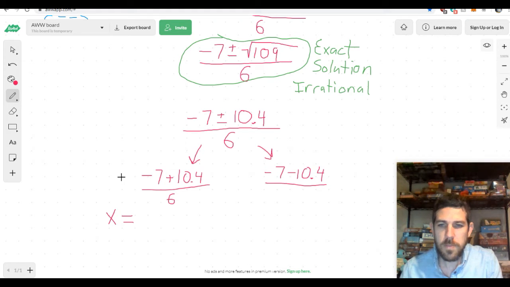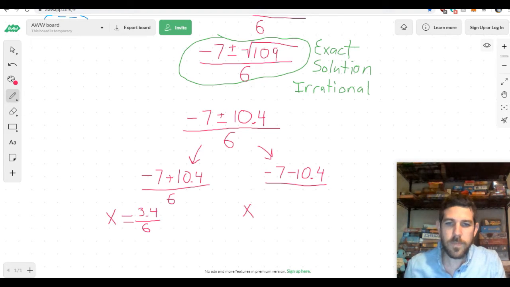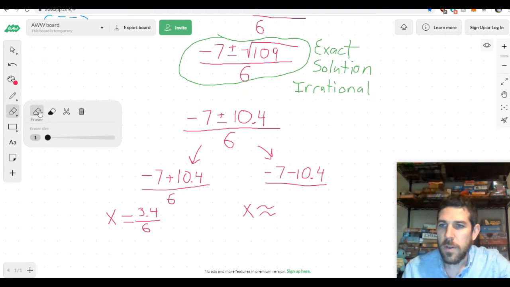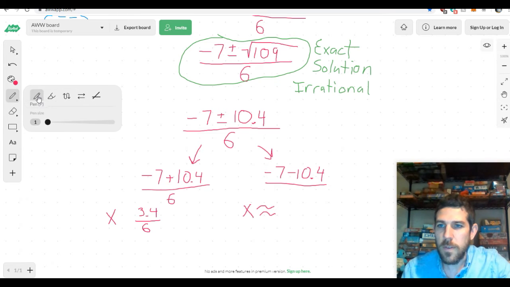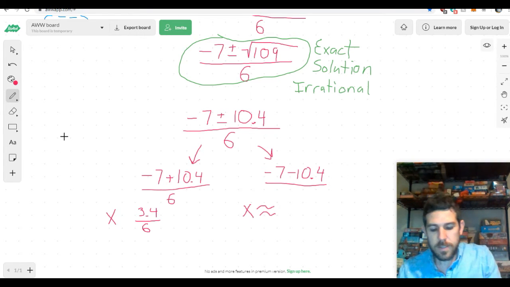That's going to be 3.4 over 6. And I can leave it like that or try to turn it into a decimal. Either way, it's going to be an approximate answer. And actually, I should probably do the little approximate symbol, seeing how we are rounding here when we square rooted that 109. So x is approximately these.